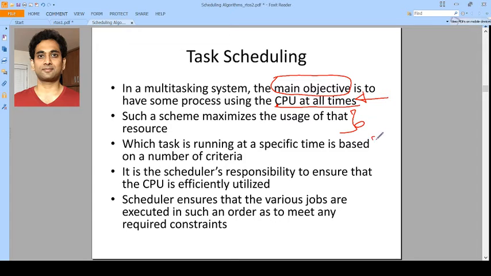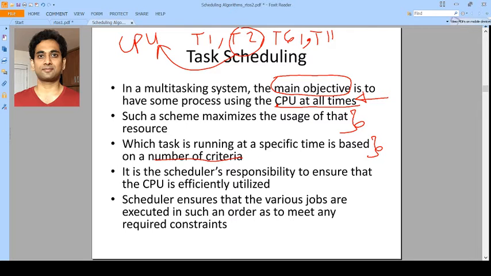Now, which task is running at a specific time when there are many tasks waiting in the queue? When there are many tasks waiting in the queue, which task gets the CPU next, or which task is currently executing, is based on a number of criteria.